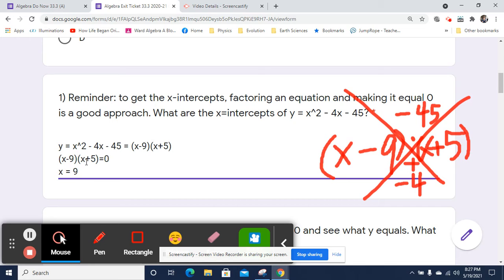And what x value would make x plus 5 equal to 0? x could be negative 5 because negative 5 plus 5 would equal 0. If we can make either of these factors equal to 0, then it doesn't matter what the other factor is, the whole thing multiplies out to 0.